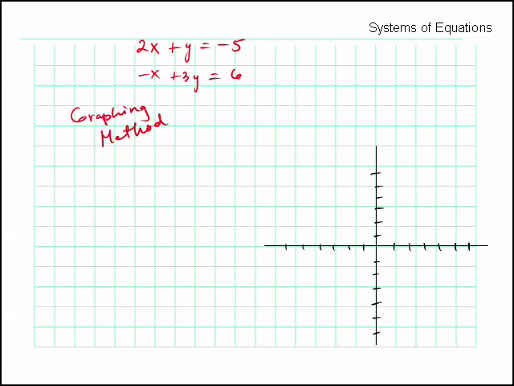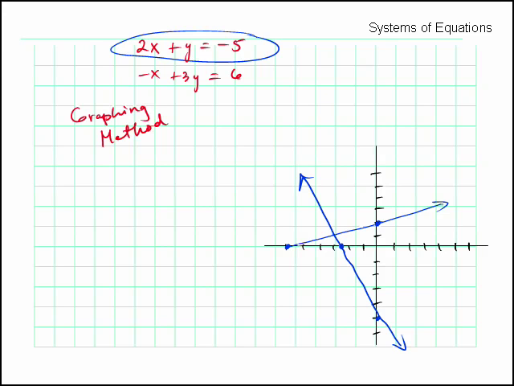The first line has an x-intercept at negative 2.5, and it has a y-intercept at (0, negative 5). And it looks something like this. The second line has an x-intercept at negative 6, right about there, and a y-intercept at (0, 2). And it looks something like that.